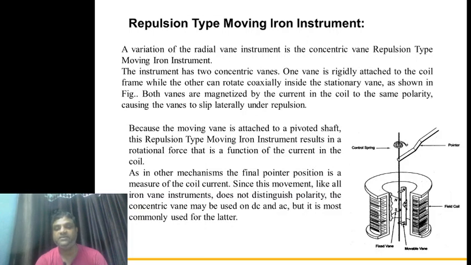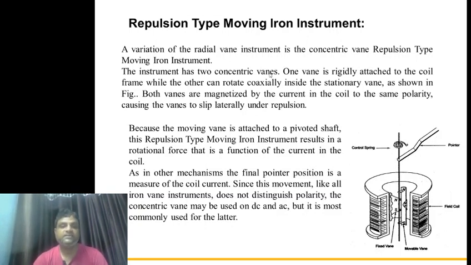See the diagram, it is very clear. One vane is rigidly attached to the coil frame, while the other can rotate coaxially inside the stationary vane. See here, N and S and N and S. So this one is stationary and this one is attached to this rotary vane.